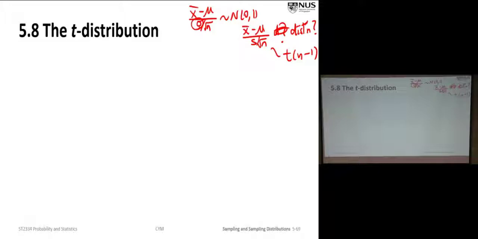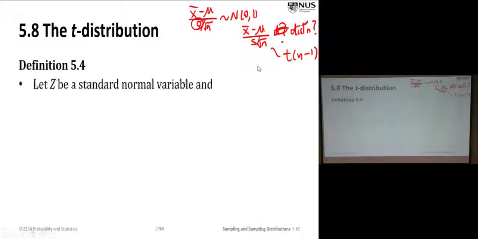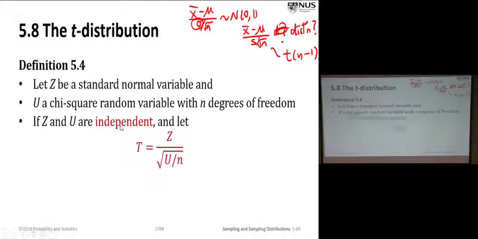First of all, this is how we see the relationship between a standard normal distribution and a chi-square distribution.